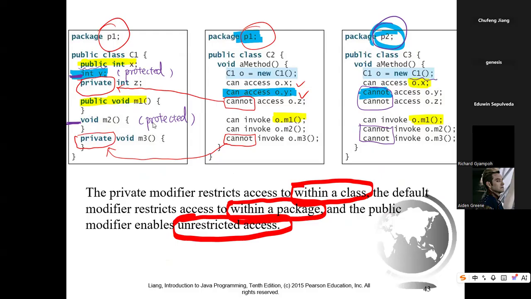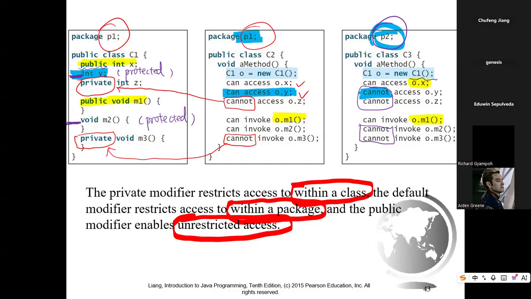In P1, class C1 has a public integer x and an integer variable y without a modifier. We can take it as a protected variable. Although protected is different from public and private, currently we can just take it as protected.